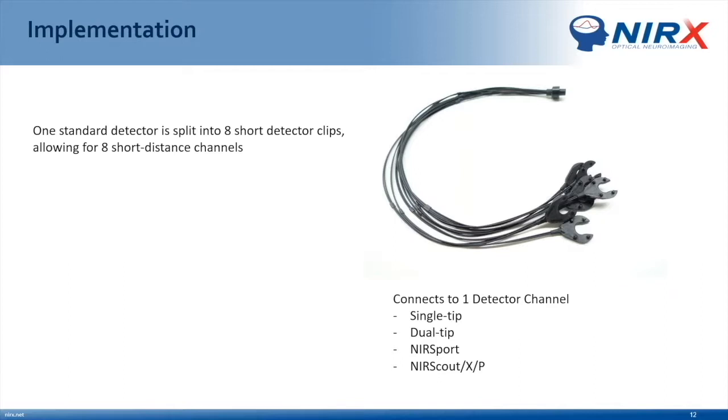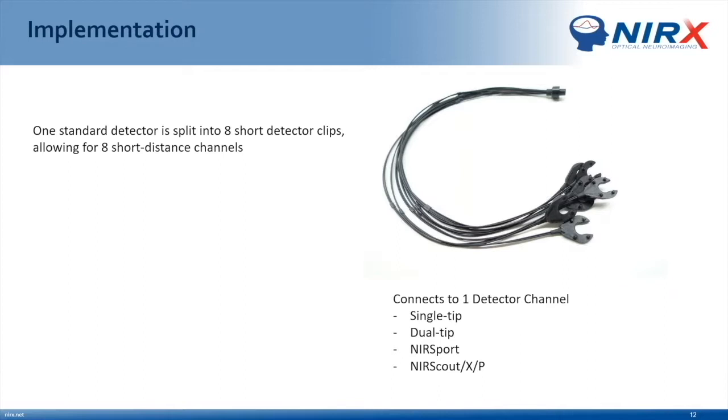This also implies that we have to sort of sacrifice one of our standard detectors. And this sacrificed detector, in this case, is always the last standard detector. For example, for an 8-8 configuration, detector 8 will have to be used to connect the short distance detector bundle.